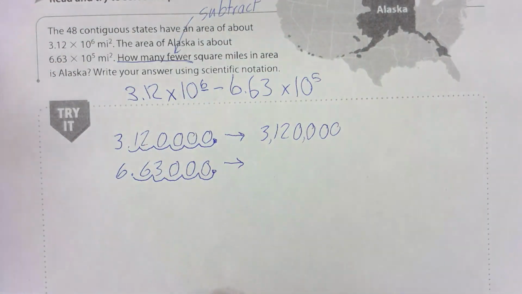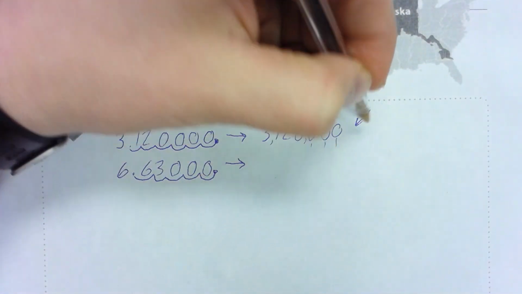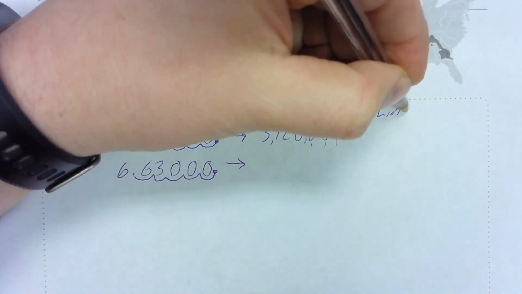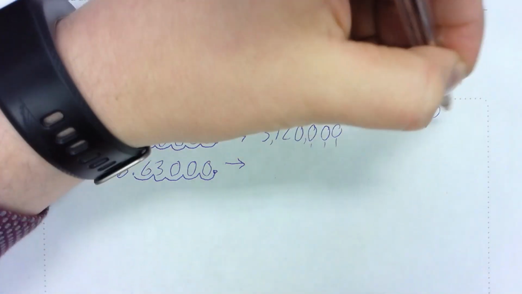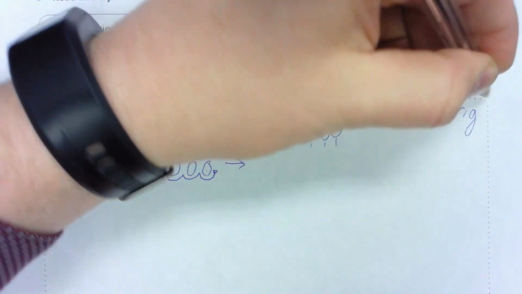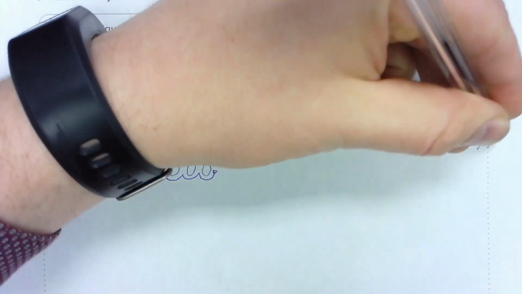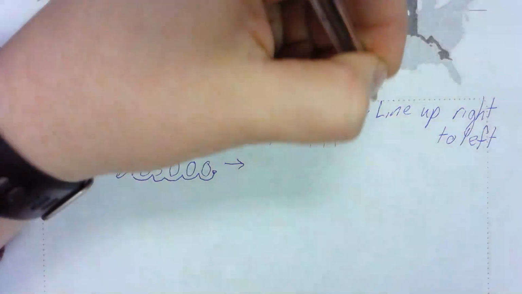Here's the important thing. Line up your 1s and your 10s and your 100s, okay? Line up right to left. You already knew that. You just maybe forgot. So I want to remind you, okay?